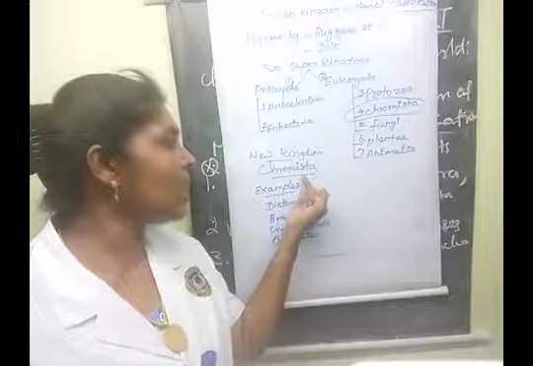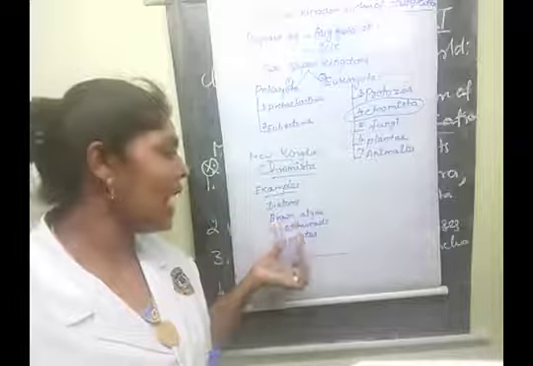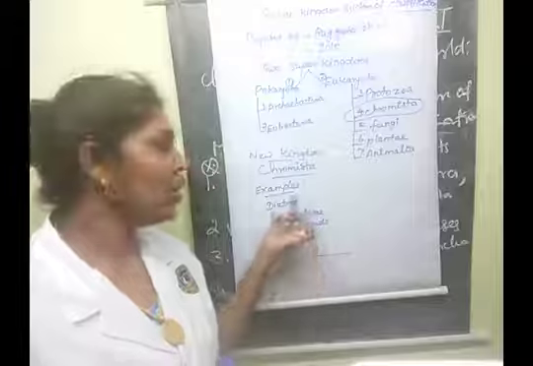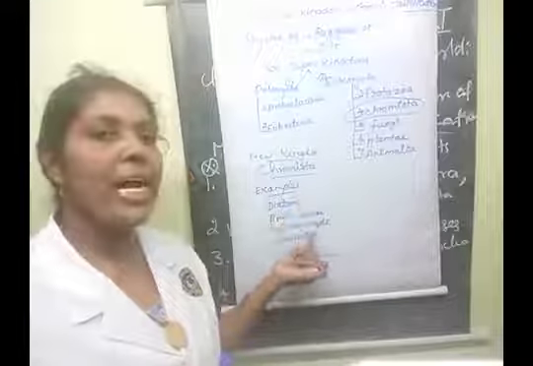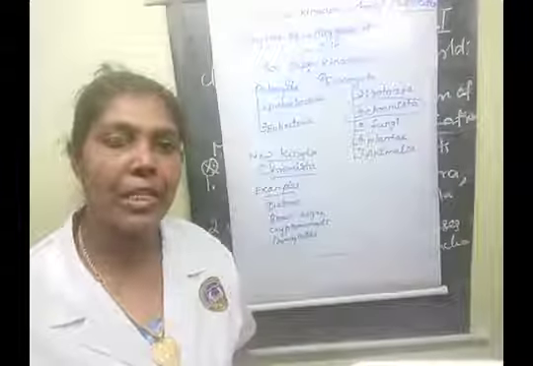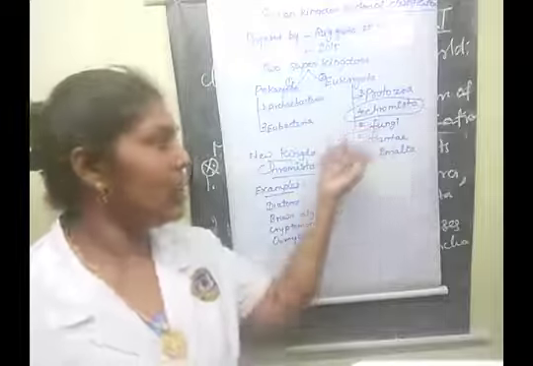What are the examples of this new kingdom? Diatoms, brown algae, Cryptomonas and Oomycetes. Clear? These are the organisms placed under this new kingdom. Did you understand, children? Say yes or no? Yes. So this is one of the new kingdoms.